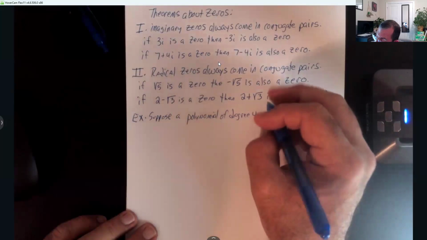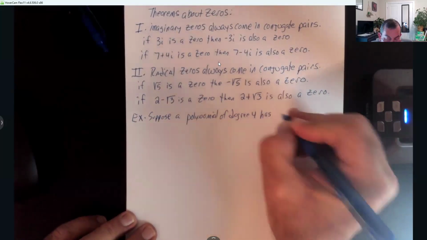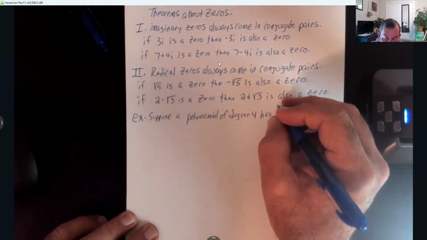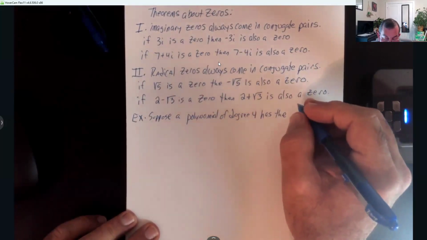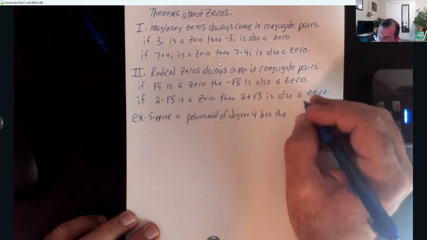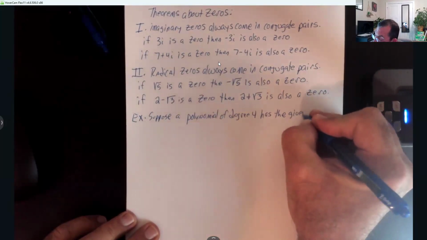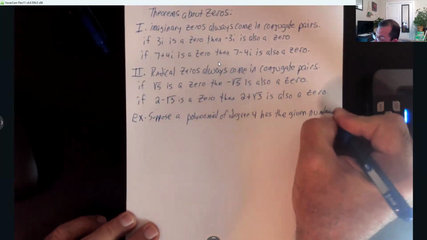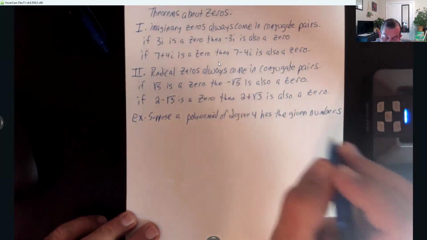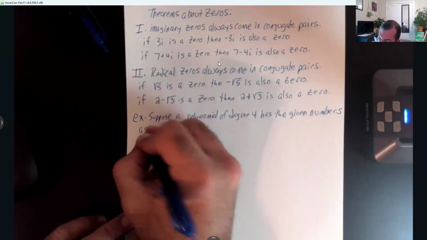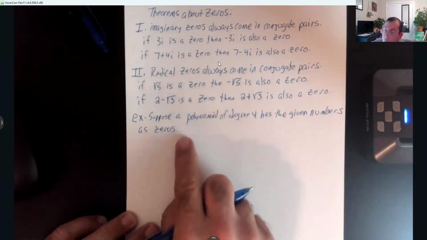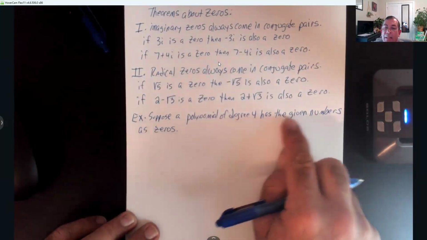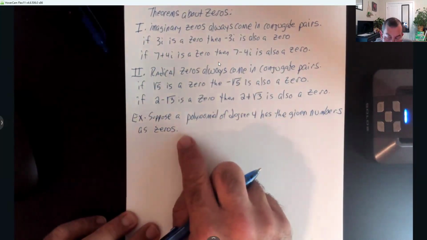So suppose a polynomial of degree 4 has the given numbers as zeros.